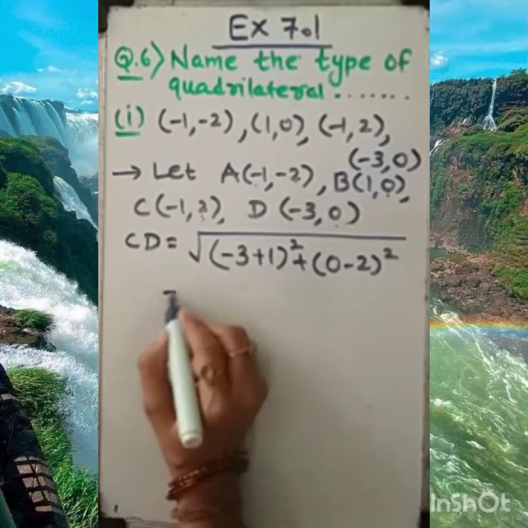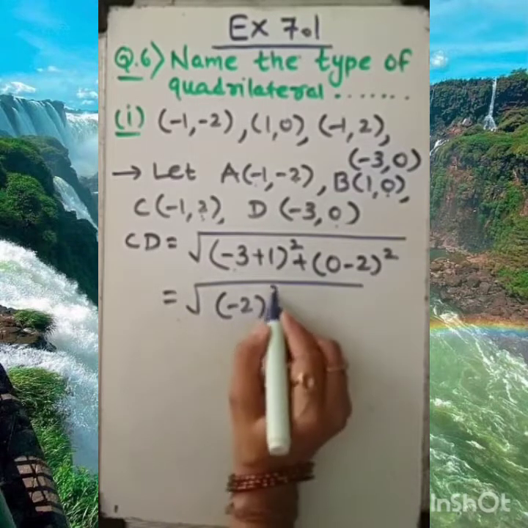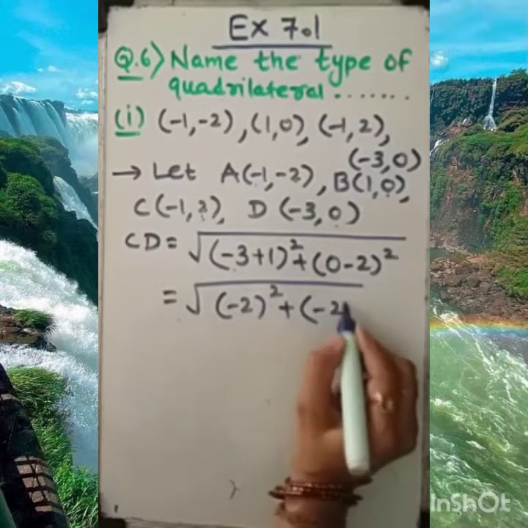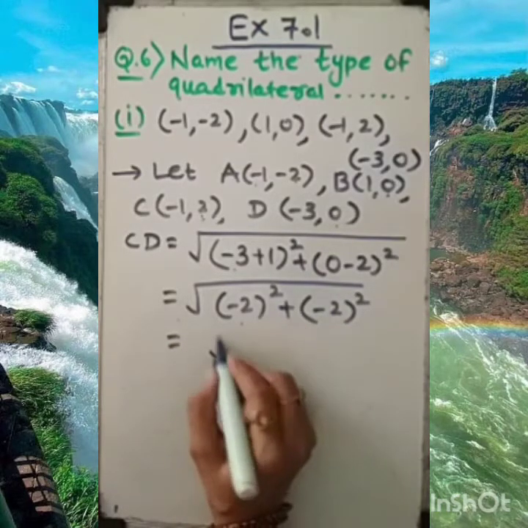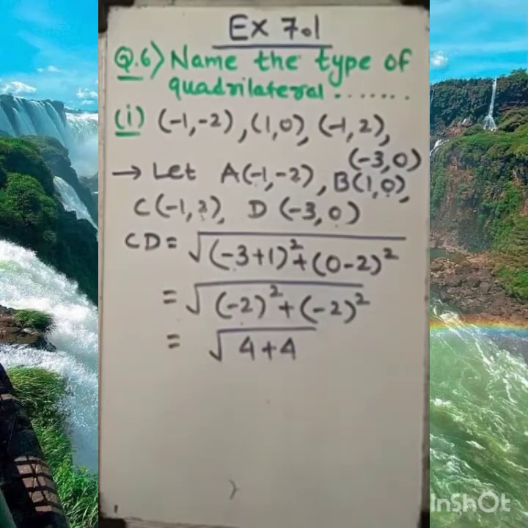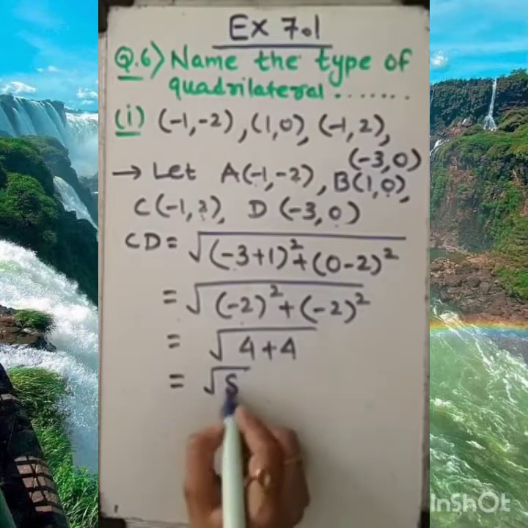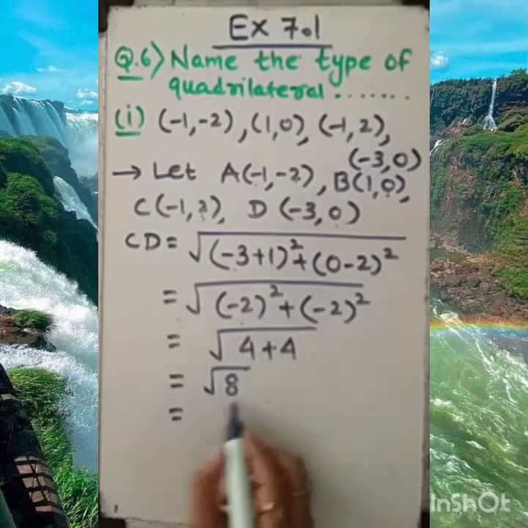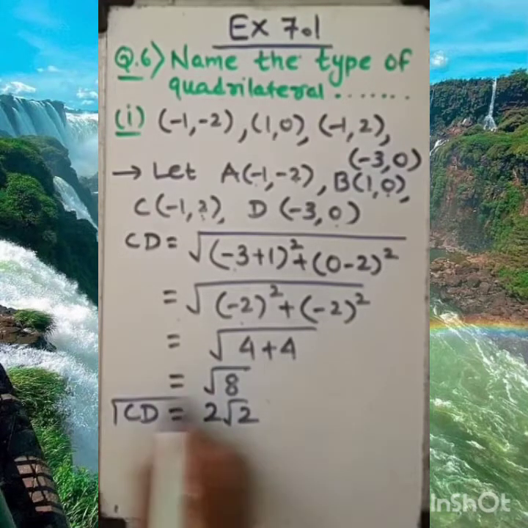So minus 3 minus 1 is minus 2 whole square, and this is minus 2 whole square. Minus 2 square is 4, this is also 4, so 4 plus 4 is under root 8. The simplification of under root 8 is 2 root 2. Yes, CD is also the same.